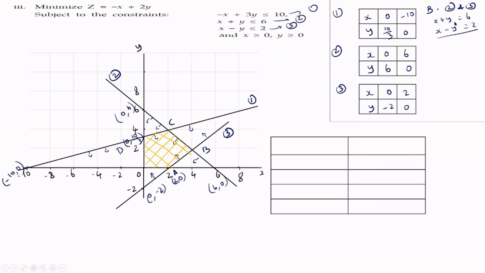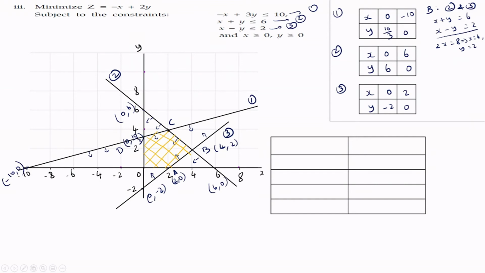If we solve these two equations, we get x is equal to 4 and y is equal to 2. So the coordinates for B is (4, 2). Even here it is coming slightly (4, 2).